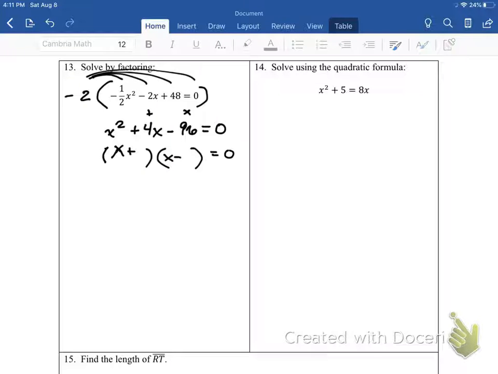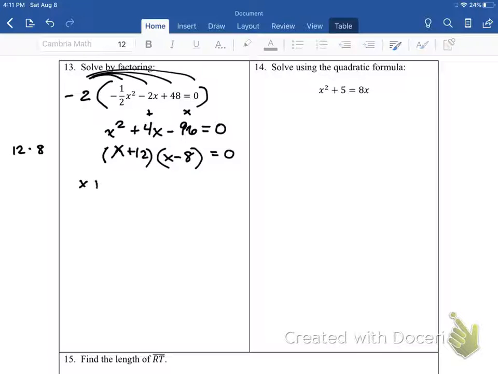And the ones that come to mind are 12 and 8. They're 4 apart. And 12 times 8 is 96. So I need it to be a positive 4. So it's going to be plus 12 and minus 8. So those are the factors. And now, if two factors multiply to be 0, each one could be 0.